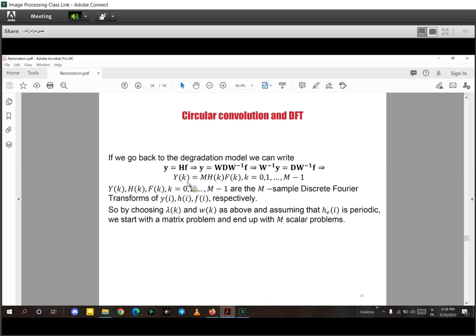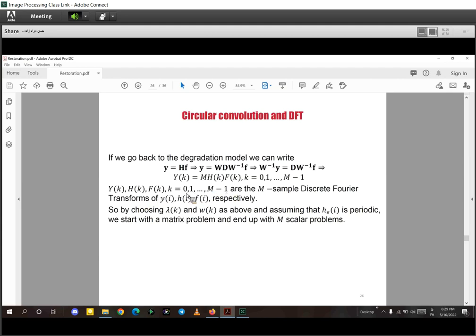All of these items are in the frequency domain, and this is one dimensional. Y is M H F, and M is a scalar, no problem. This is a matrix product. H k is the system response, the same as the discrete Fourier transform.